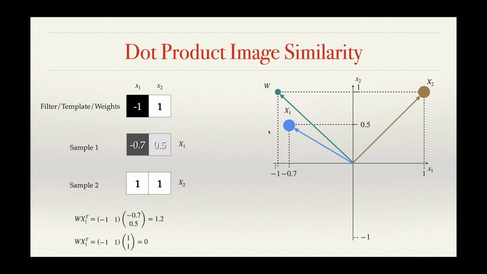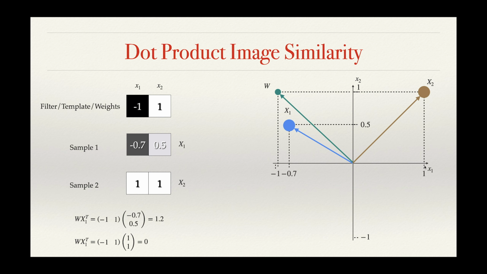If we plot them here into this 2D vector space, our template or feature is this one because it has a value of x1 = -1 and x2 = 1. This is the first sample, with x1 equal to -0.7 and x2 equal to 0.5, and here is sample 2, which is 1, 1.